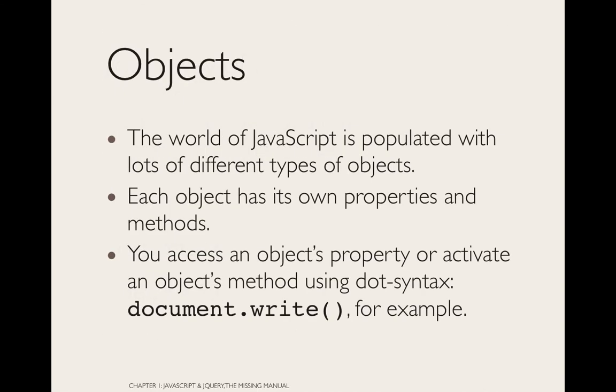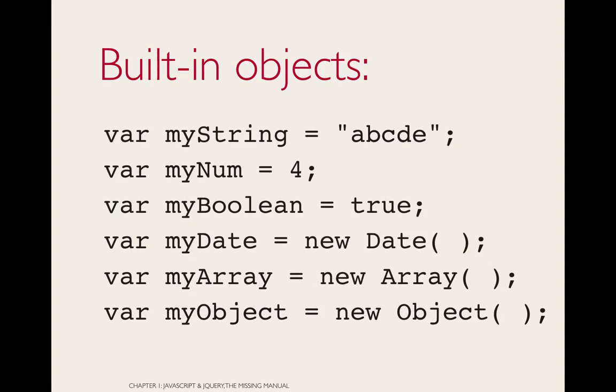And in the world of JavaScript, we have lots and lots of objects. Like I said, just about everything is an object. Each object has its own properties and methods, and you access them with dot syntax, like document.write. Now, we've seen strings and numbers and booleans, and they're all objects.